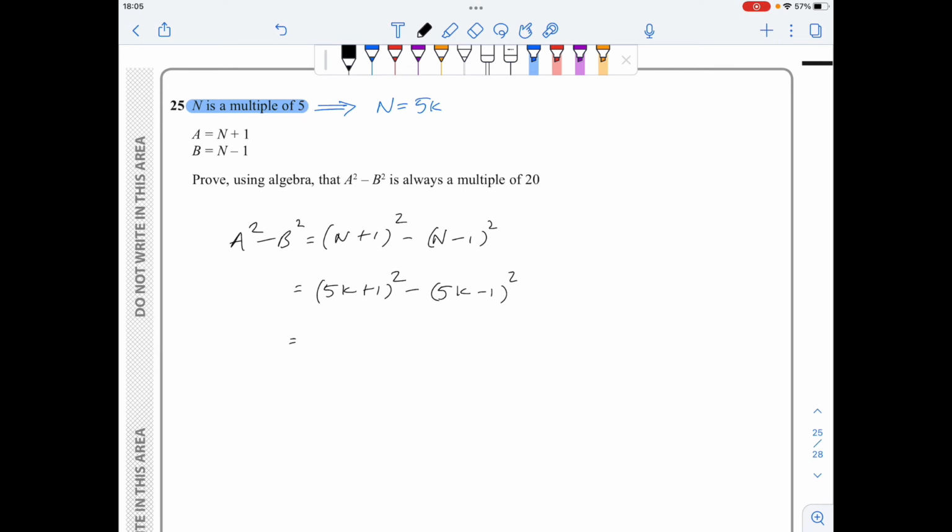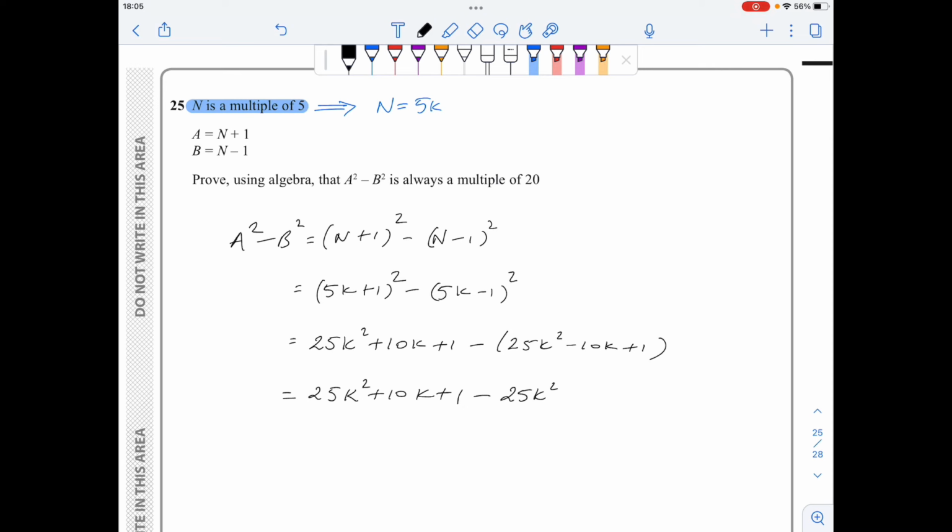Let's expand now. 25k squared plus 10k plus 1, minus (25k squared minus 10k plus 1). I'll remove the bracket. So 25k squared plus 10k plus 1 minus 25k squared.